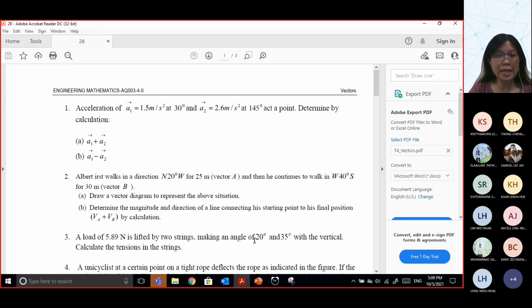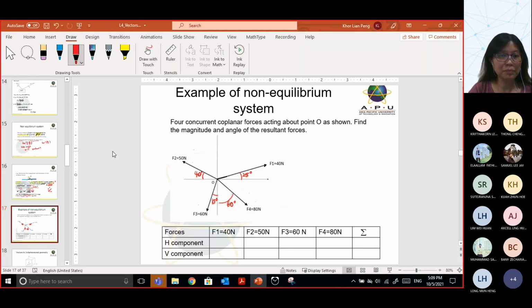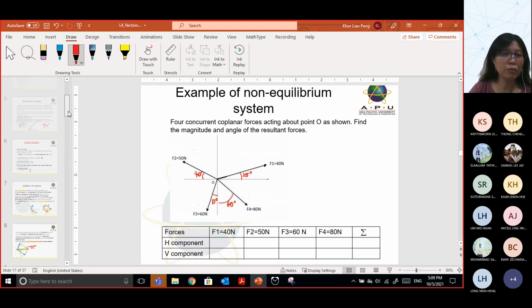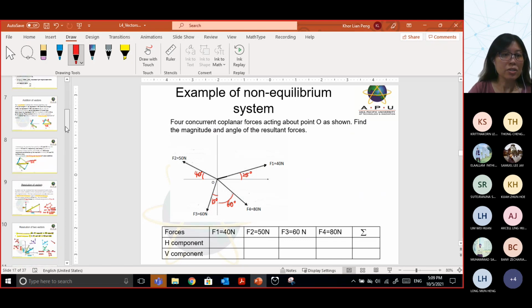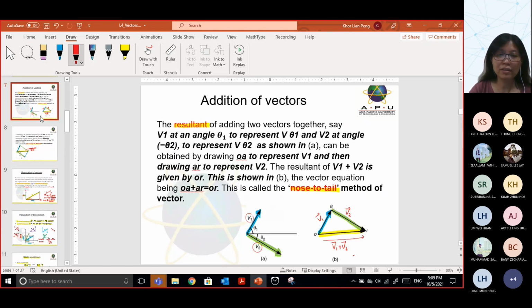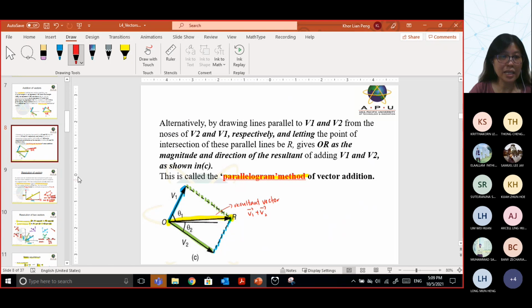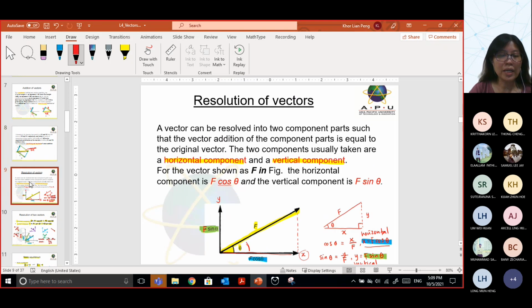So today, let me have a review on what we have learned. We touched a little bit on the resultant vector by using nose to tail and the parallelogram method, but we more emphasized the resolution of vectors.